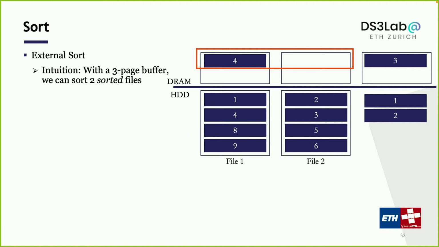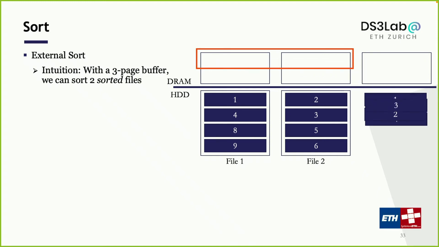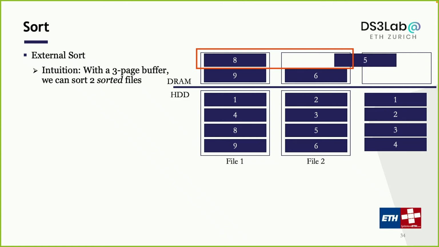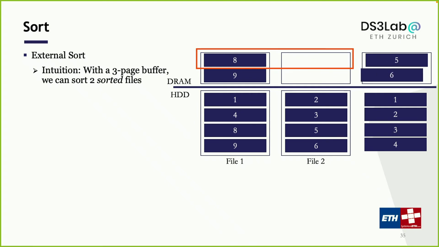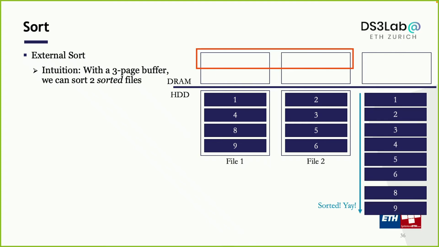Once I continue to do this, I will sort the first 2 pages of these 2 files, and then continue to read. I read another page from file 1, another page from file 2, and continue. In this case, I have 5, and then the second one will be 6. My output buffer is full, I write back my result, and continue.